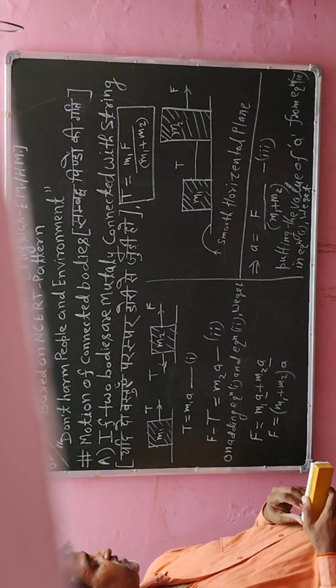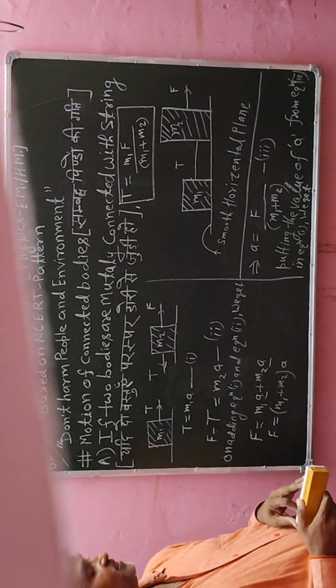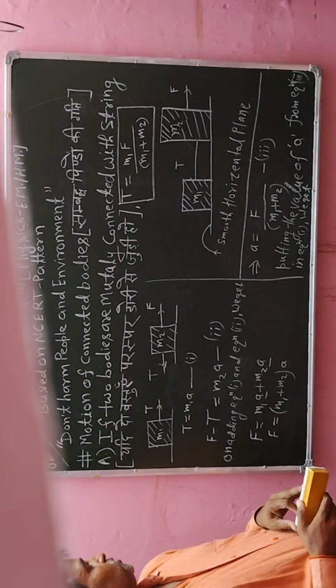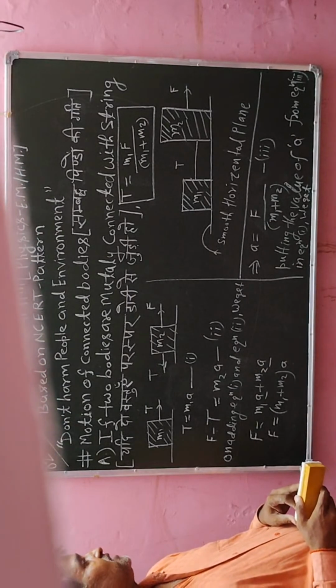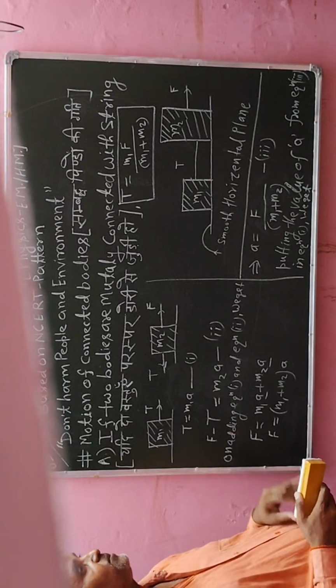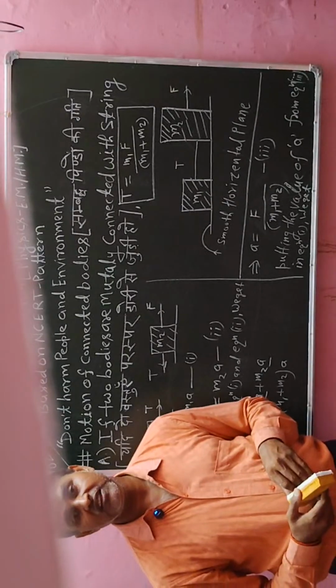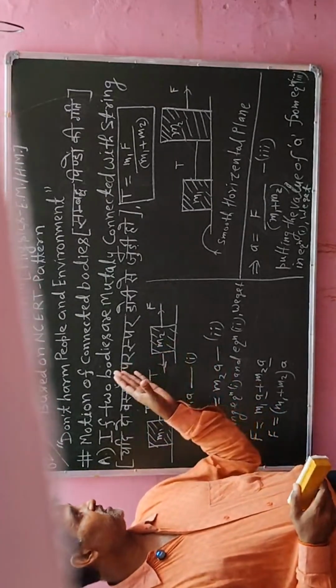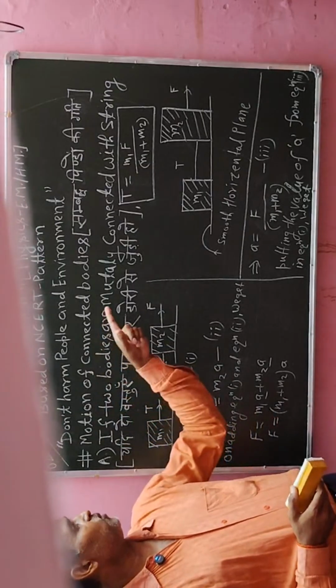Okay, of the objects. I hope that you are understanding all the information in detail. Students who are reading in English medium, CBSE board, those students know these concepts in detail. If you are getting any doubt, any confusion, any issue related to this point, named motion of connected bodies.